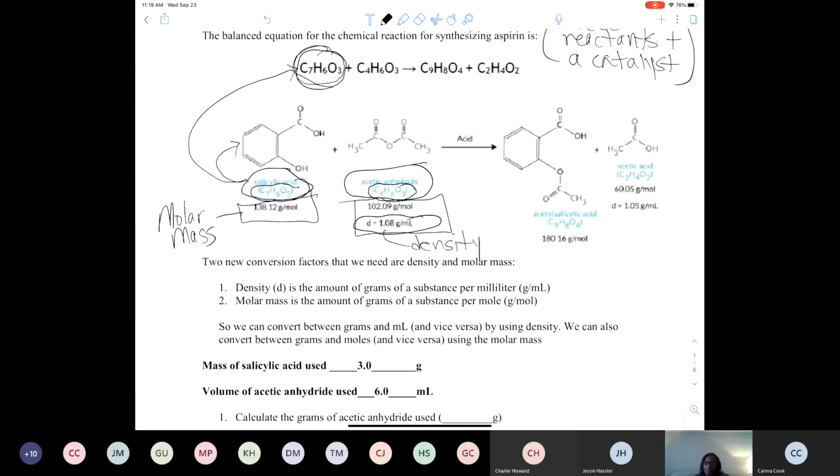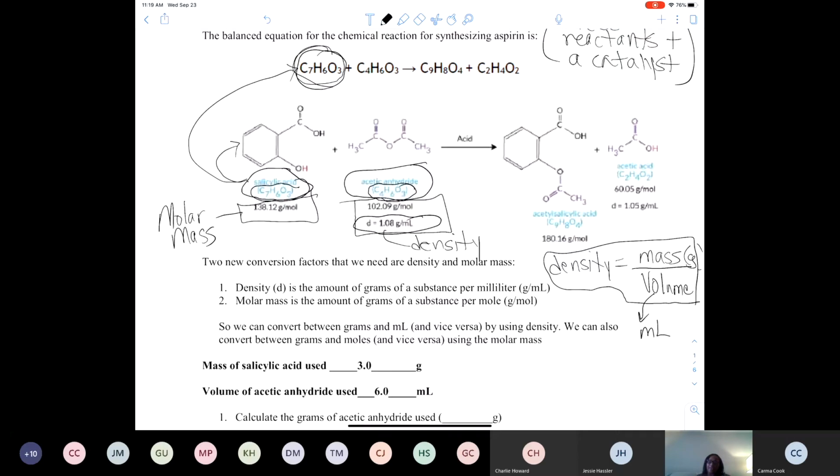And so density is equal to the mass of a substance per unit volume. And for liquids like acetic anhydride, the mass unit is going to be grams. The volume unit is going to be milliliters. Those are the most popular units to use for density for liquids.